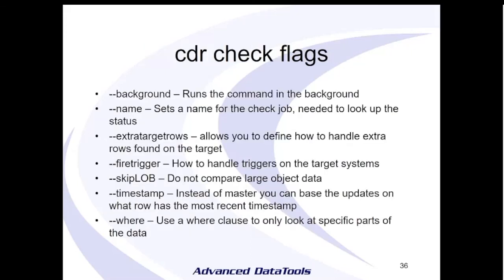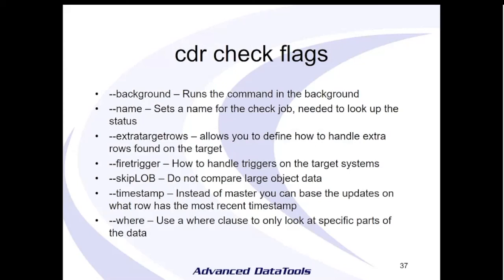So a couple of flags here, I put this for reference. You can background the process and then check it later on. If you do that, make sure to add --name so you actually name the job. Otherwise, it can be hard or even impossible to retrieve the data on the status of it. You can set it up for extra target rows. There's a number of flags there where you can set up what happens if the target system has rows that the primary doesn't.